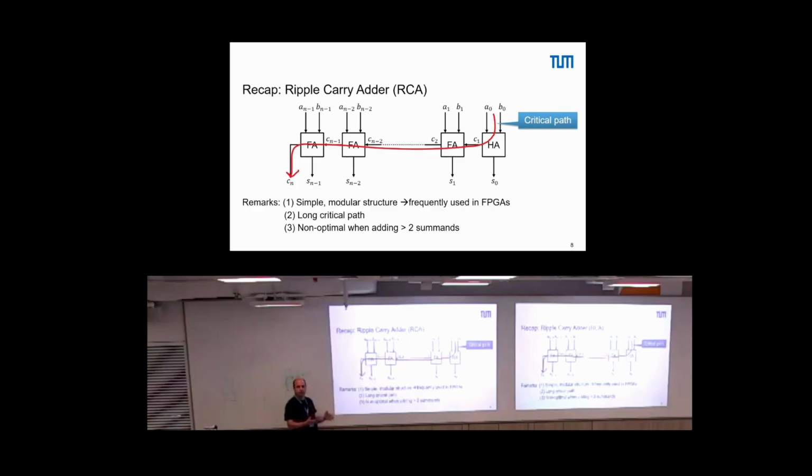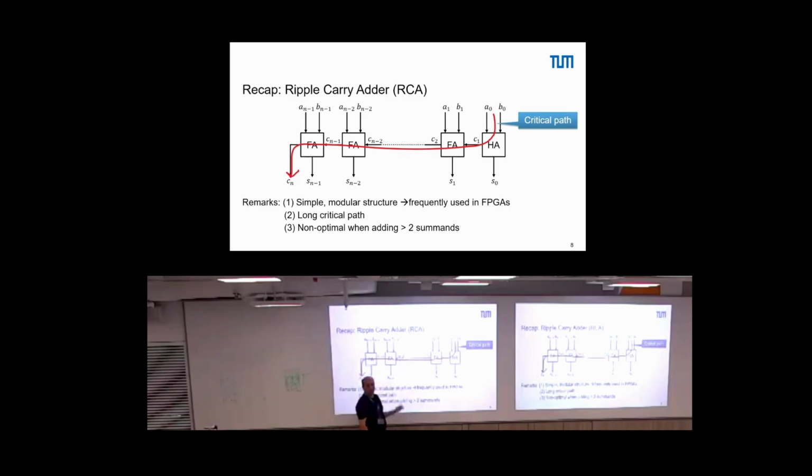A register will split this critical path into parts. If I put a register here, then I need one clock cycle to compute from here to here, and one clock cycle to compute from here to here. It doesn't make the overall structure faster, but it allows me to increase the frequency.